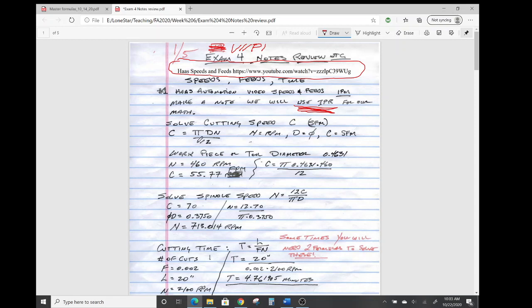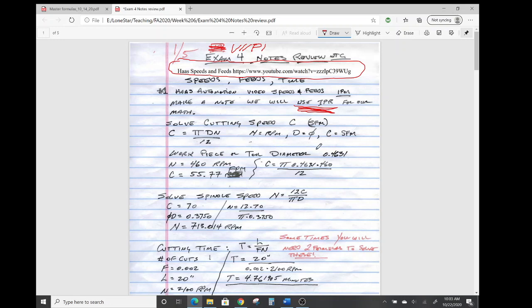All right. So let's go through some problems. Let's solve for cutting speed. Here's our formula. N is the RPM, D is the diameter, and C is the surface feet per minute. Let's pretend our workpiece diameter, or tool diameter if it's a milling operation, is 0.4631. On a lathe, it's the diameter of the piece.